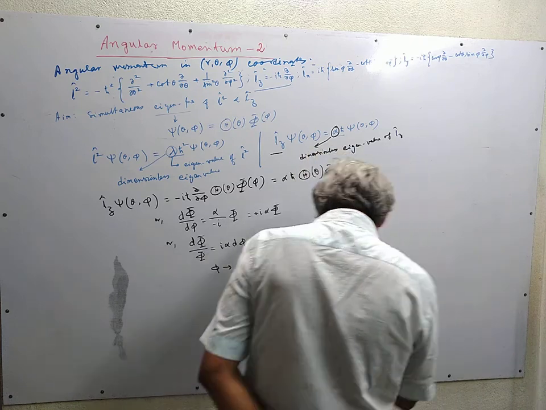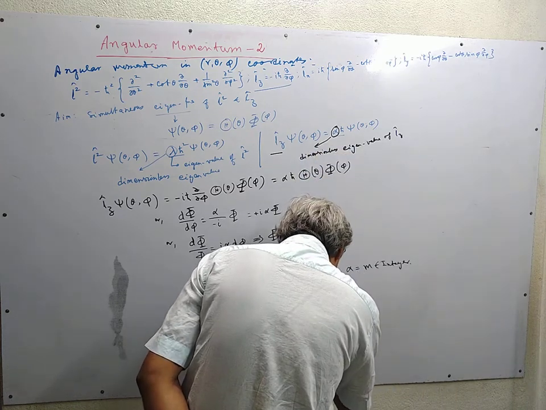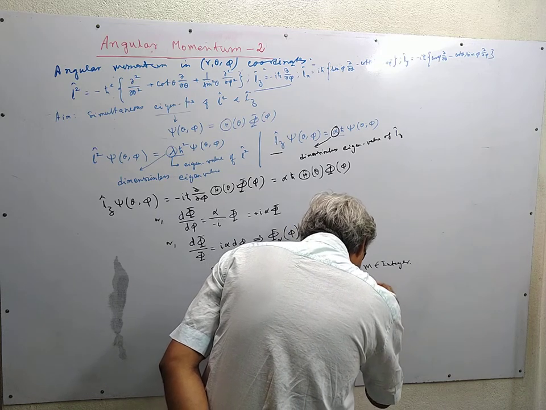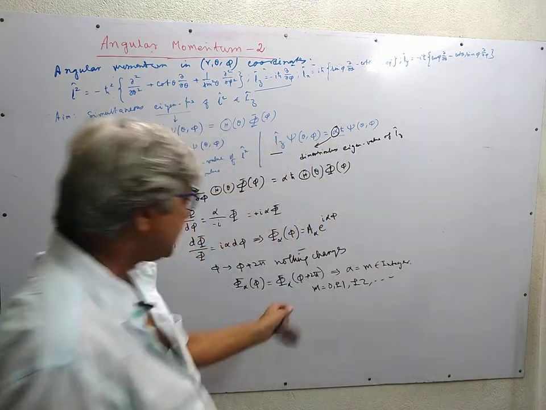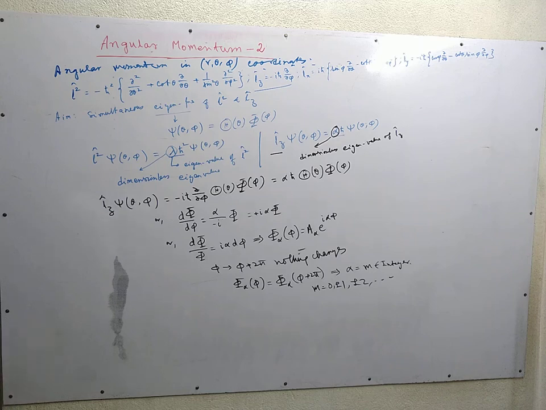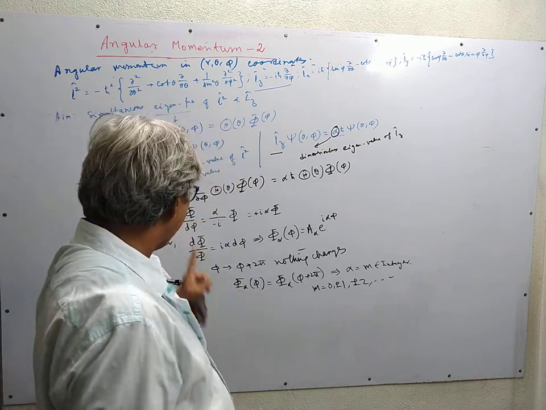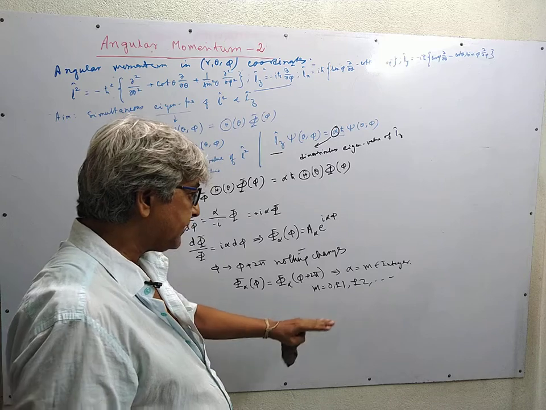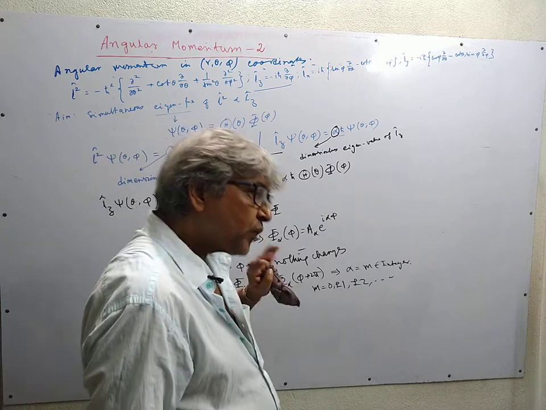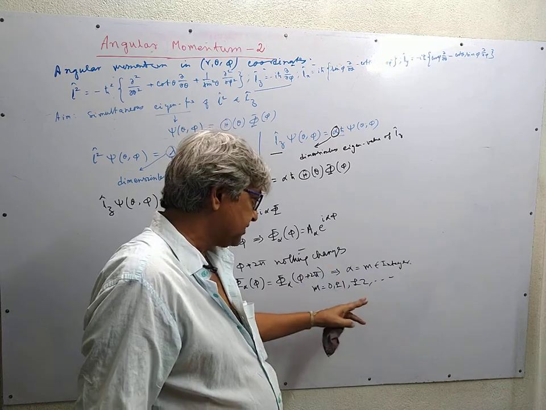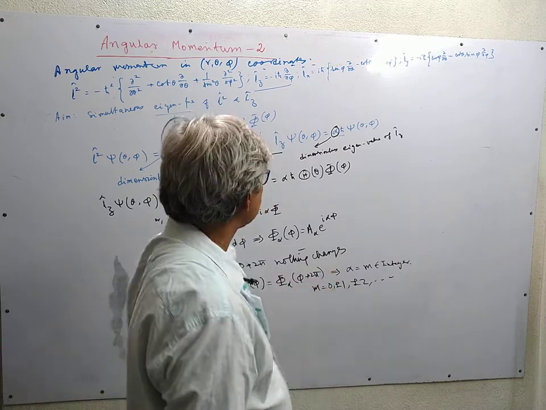That is to say, n can have values like 0, plus minus 1, plus minus 2, and so forth. This equation does not put any restriction on the maximum value of n. So from the phi equation we only get that n will have negative as well as positive integral values including 0, and there is no restriction.